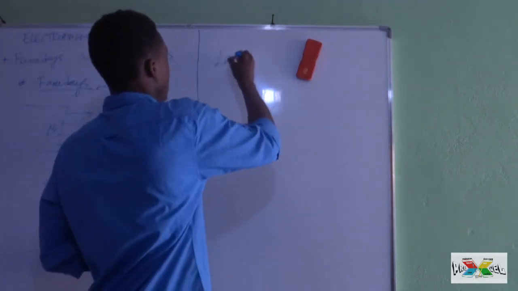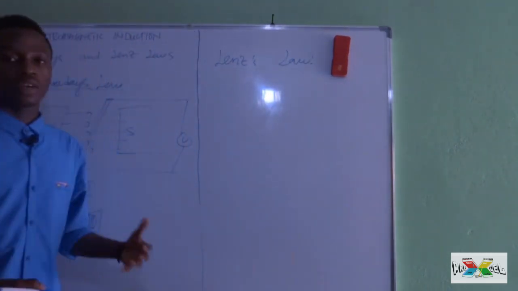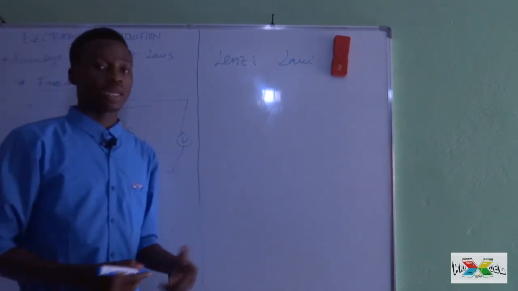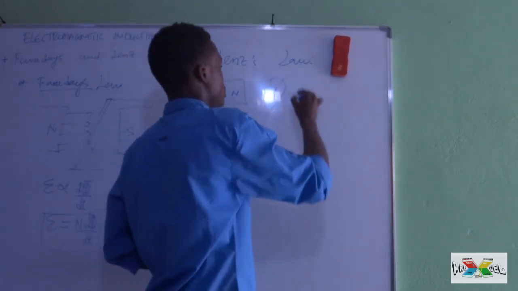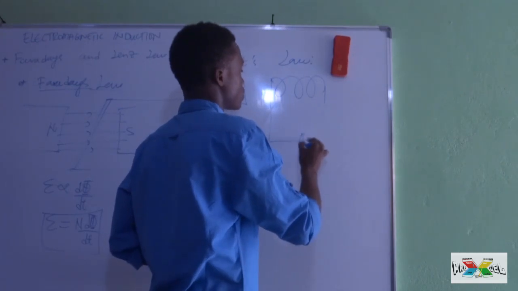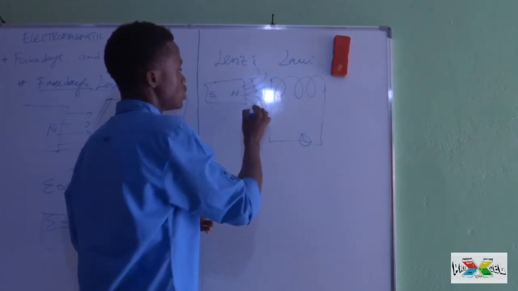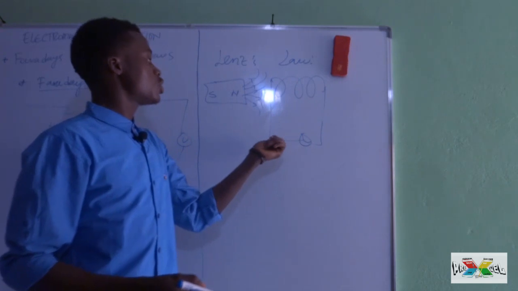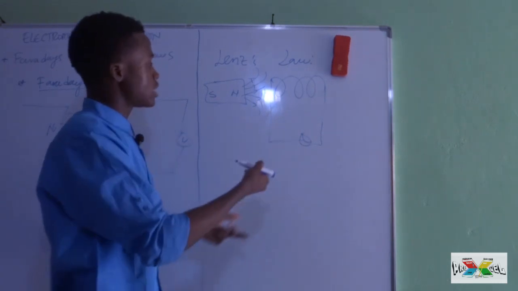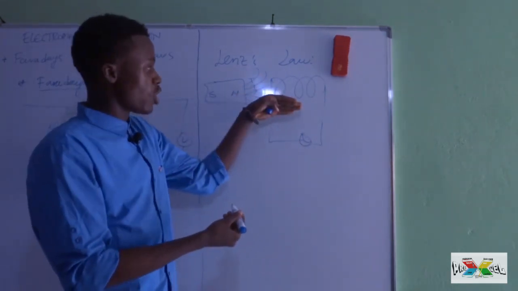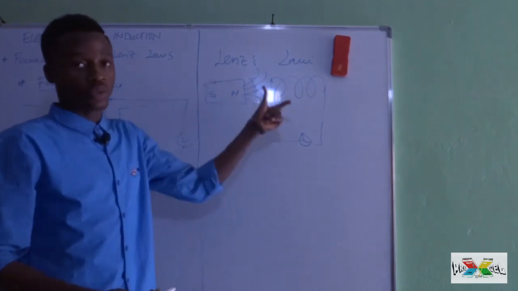So after Faraday came up with this law, it was later found that when you bring a magnet close to the coils of a conductor which forms a closed circuit, the induced EMF due to the magnetic field of this magnet is going to oppose the action that is producing that EMF, which means that as you are bringing this magnet into the coils, the force that will be produced, which is that EMF, is going to act so as to oppose the force with which you are bringing the magnet.